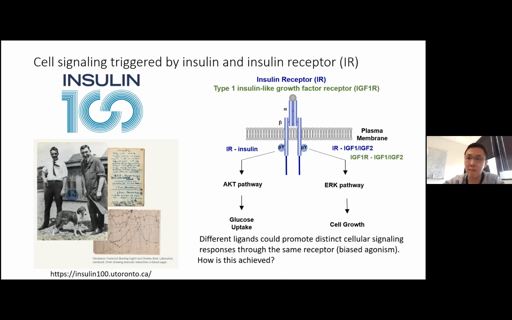So it's a very intriguing question how different ligands can promote different signaling responses through the same receptor. People call this biased agonism in the field, and we try to understand from structural biology how this happens.